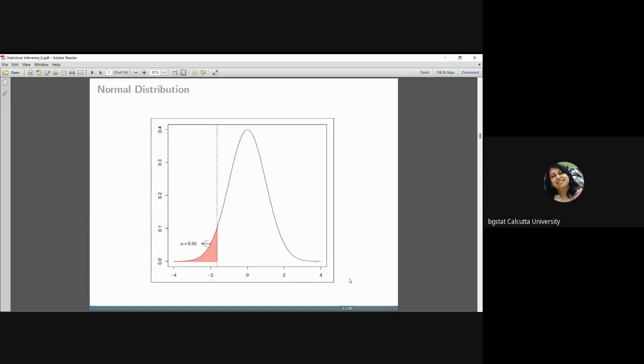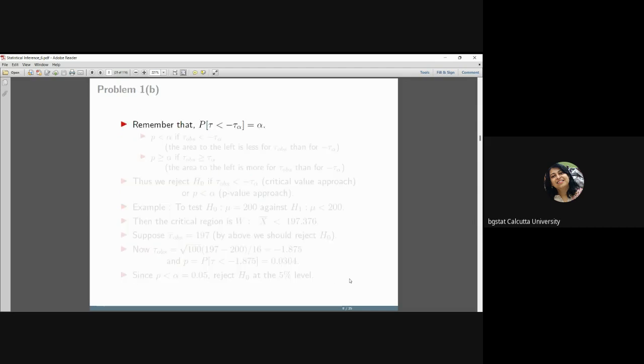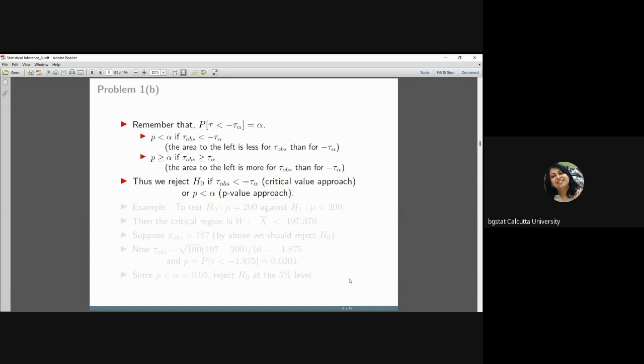So here is tau alpha, the red vertical line. You can see it must be negative. And the area to the left is now 0.05, which means that the area to the right is 0.95. So the way we use it is the same. We compare p to the level of significance, and if it is small, we reject.